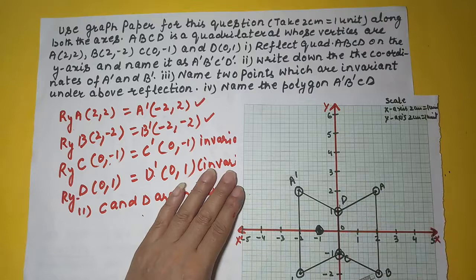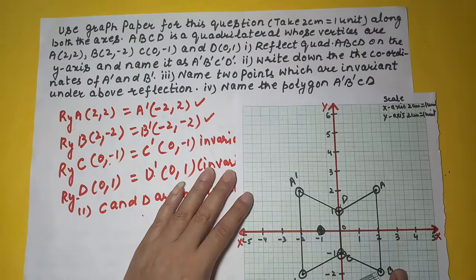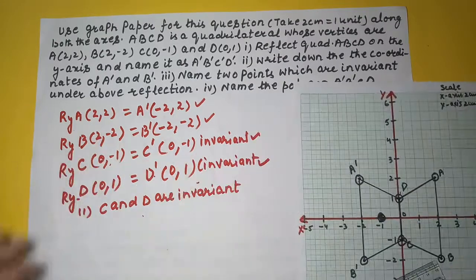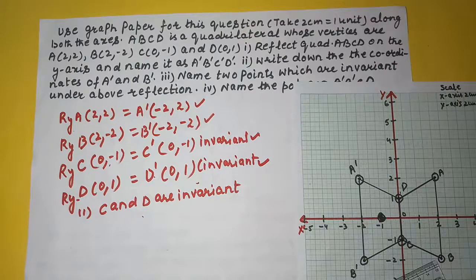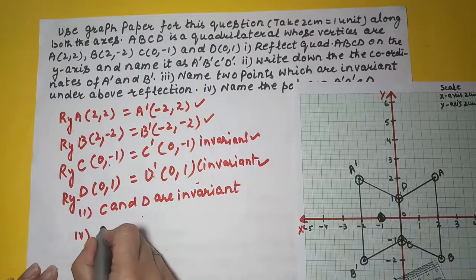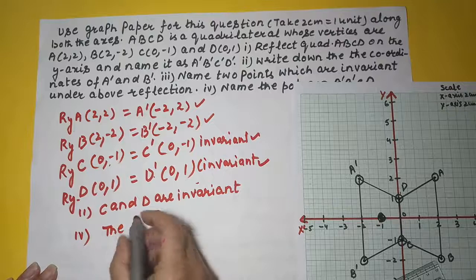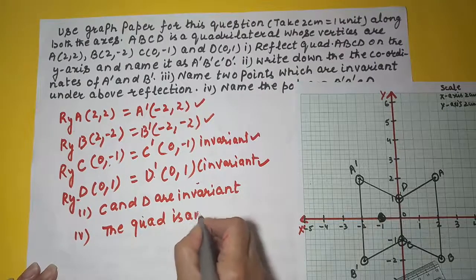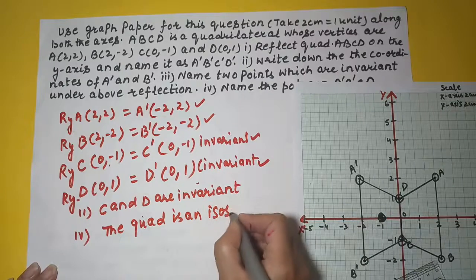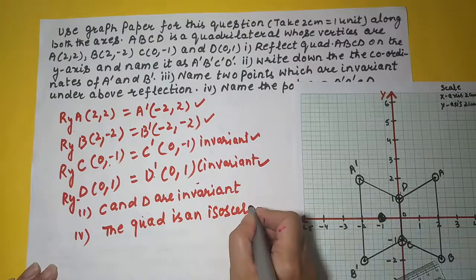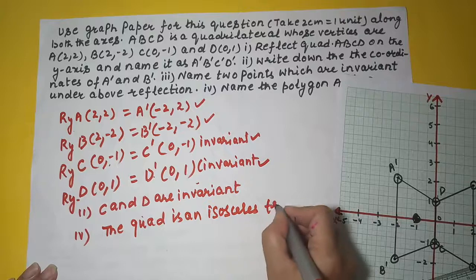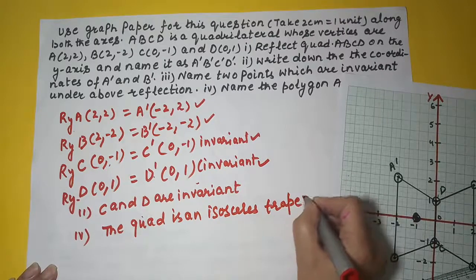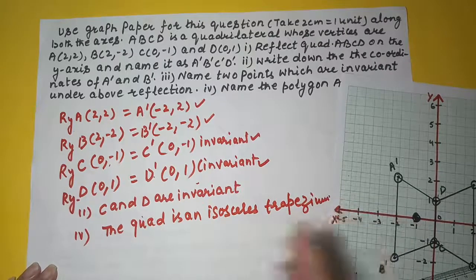What is this? Isn't it an isosceles trapezium? Right? So you can write it here now. Fourth part is the quadrilateral is an isosceles trapezium. Right?